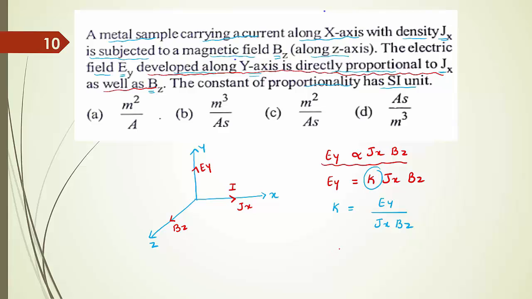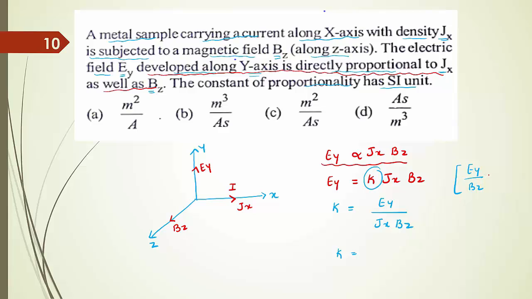Here I am going to write K equal to Ey over Bz separately. What is Ey? Ey is electric field, divided by Bz. What is Bz? Magnetic field. Electric field over magnetic field, what does it give?